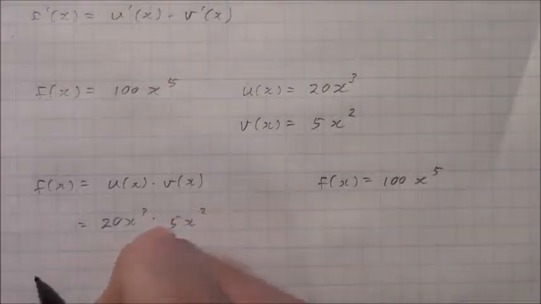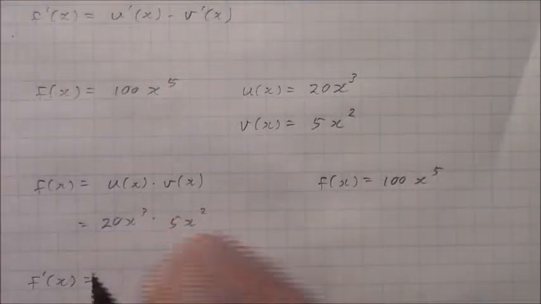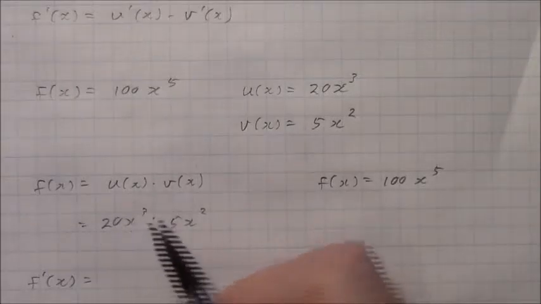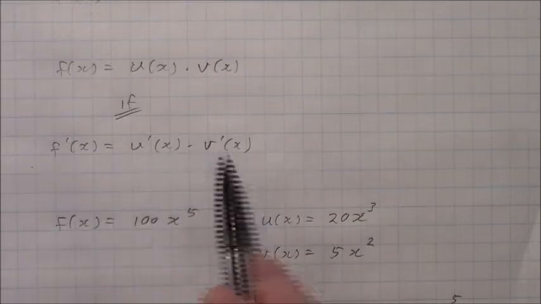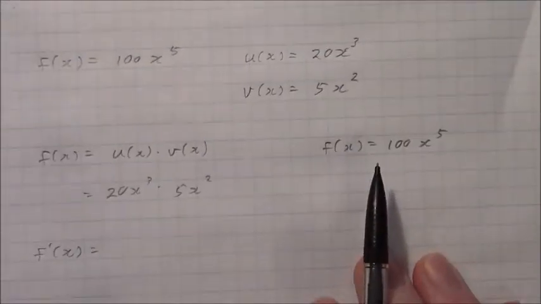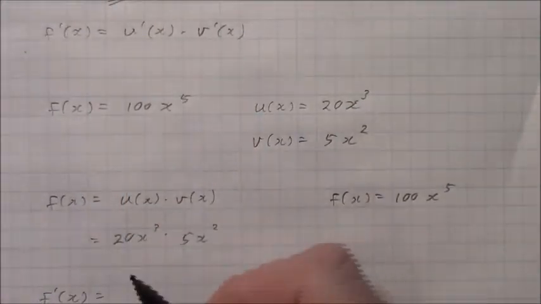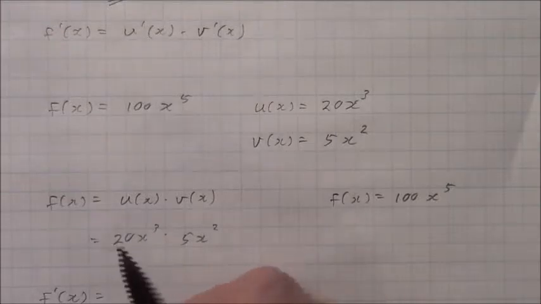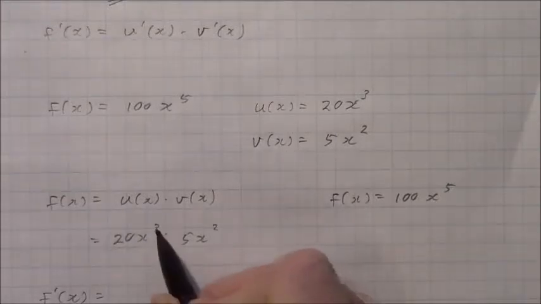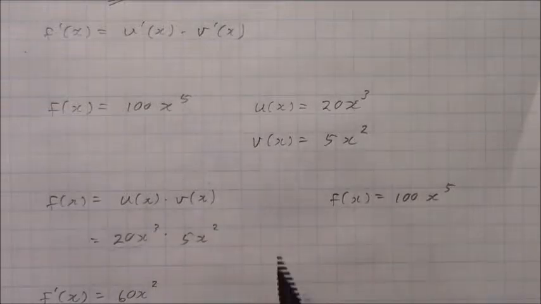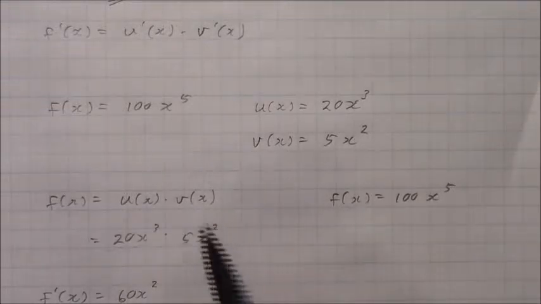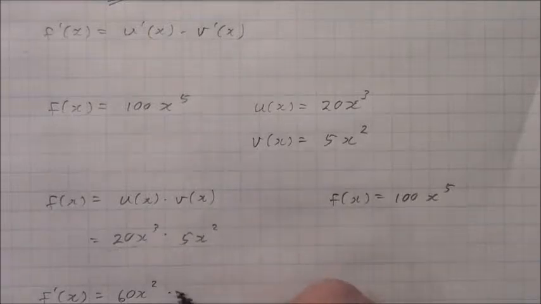So then if I take the derivatives now, f prime of x is equal to, well, if we do this the way we're wondering if it will work, we take the derivative of this, so we bring the 3 down in front, multiply by the 20, we get 60x squared, and then we multiply by the 2 down in front here, multiplied by 10x.